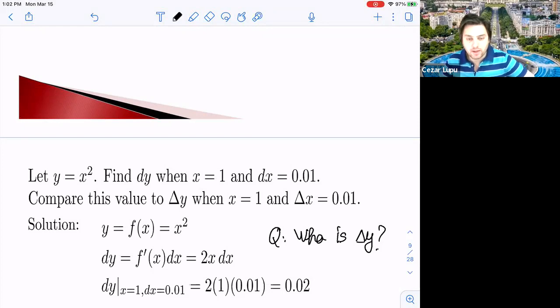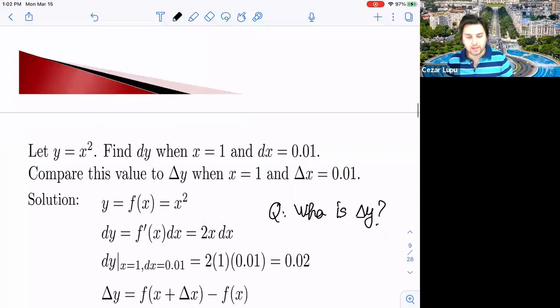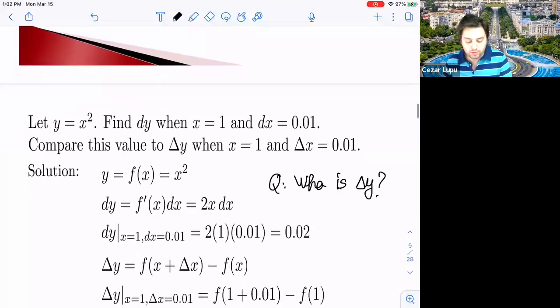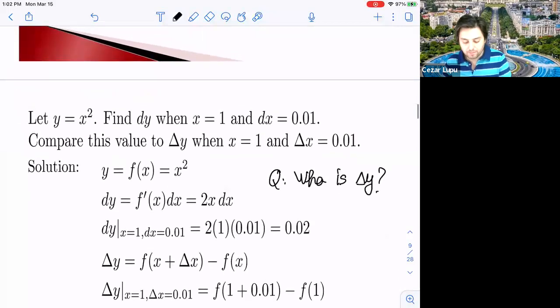Exactly, like Jasper says. So delta y will be f of x plus delta x minus f of x. So exactly, that's how we will evaluate delta y. Well, now we just need to plug it in. So when x equals 1 and delta x is 0.01, delta y evaluated at these two will give me f of 1 plus 0.01 minus f of 1.